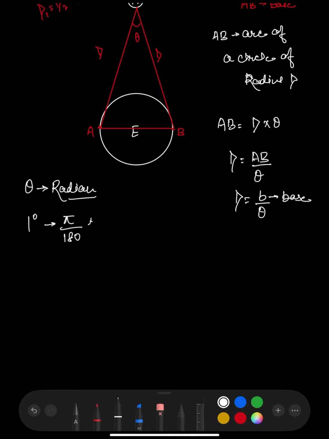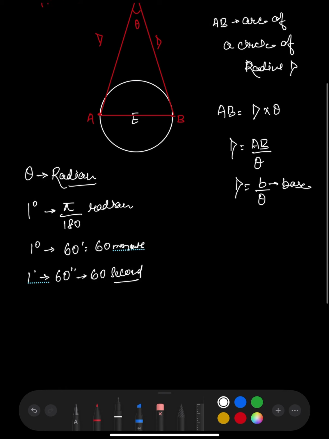Similarly, 1 degree contains 60 minutes, and 1 minute contains 60 seconds.